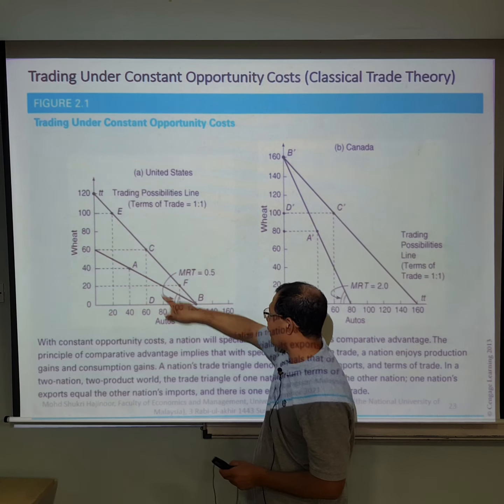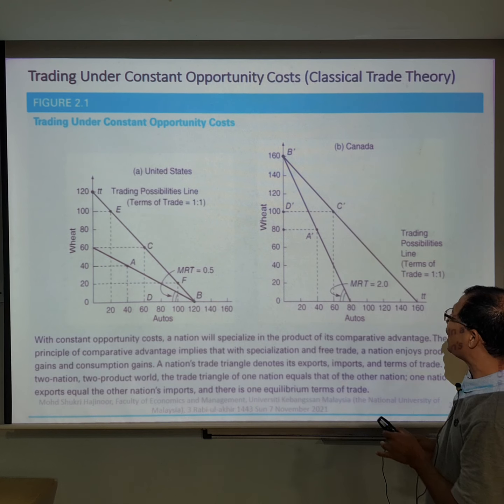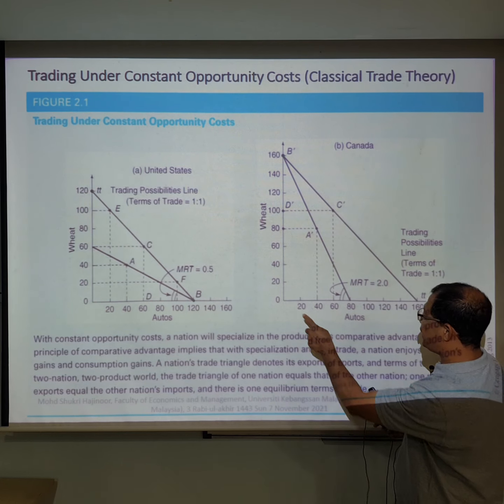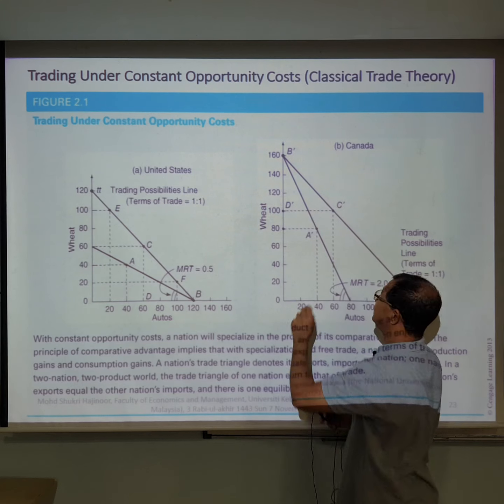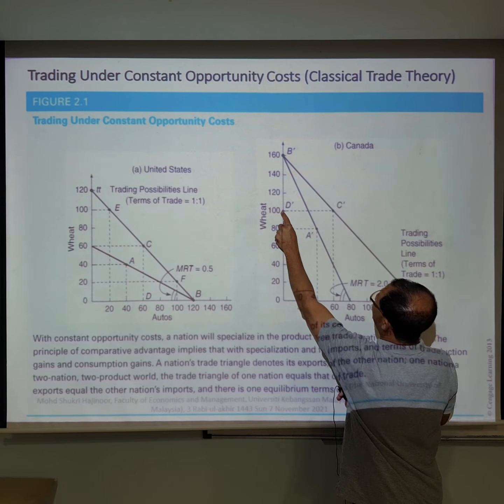And export and import, Canada. Canada specializes in wheat. Canada produces 160 wheat, but only consumes 100.